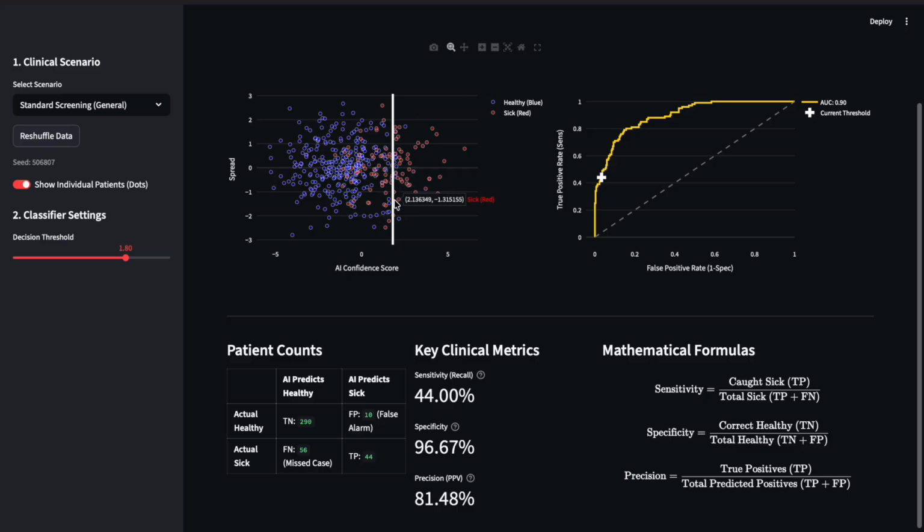And next time, I think it will be a very interesting and important topic to discuss: when should we use a model with high specificity, when should we use a model with high sensitivity, and how to define better thresholds.